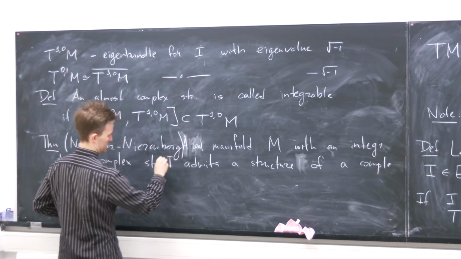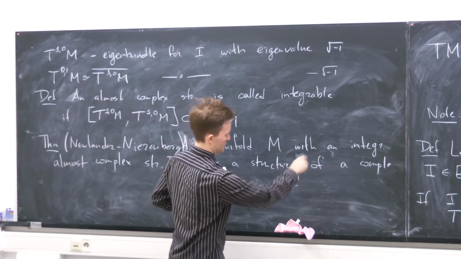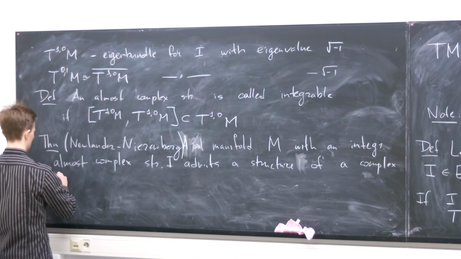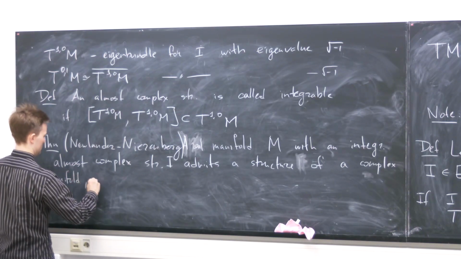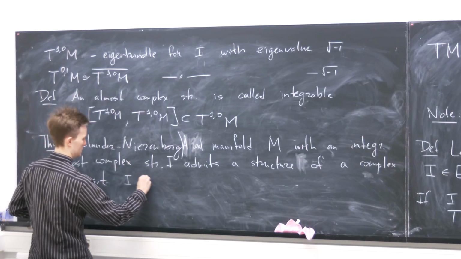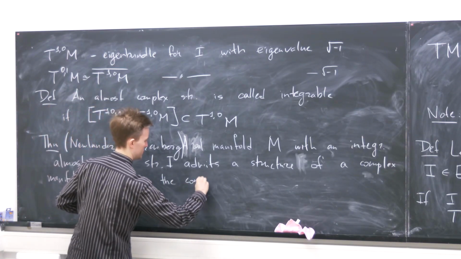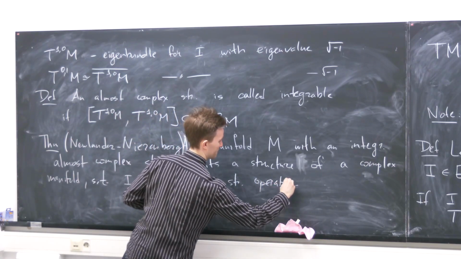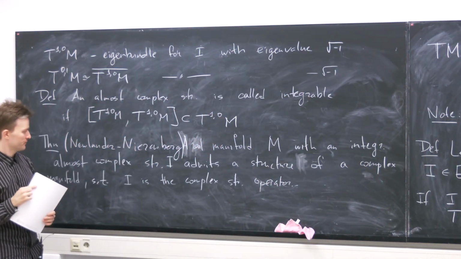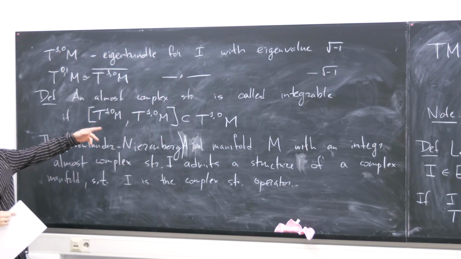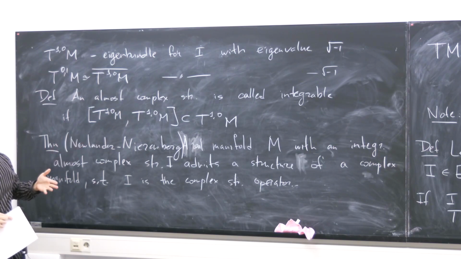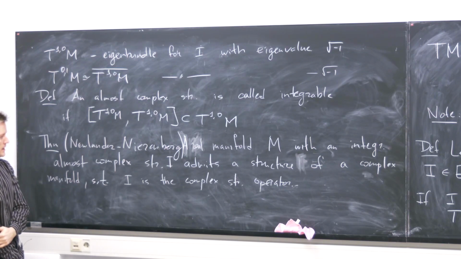The almost complex structure is called I here. So then M admits a structure of a complex manifold such that this I is the complex structure operator. So if we have this operator I with this condition, then we can always find the collection of holomorphic charts as in the sense discussed in the beginning of today.